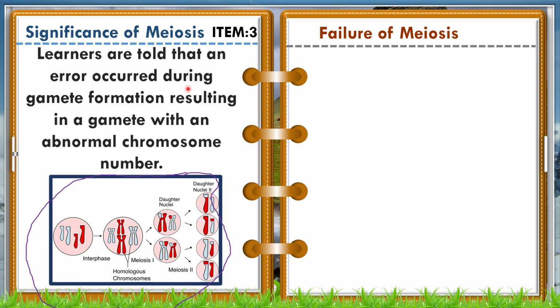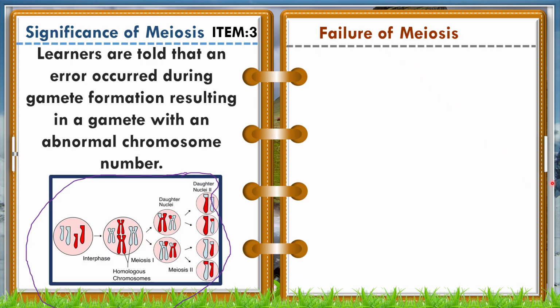But in the abnormality, you may find that some of the division may not take place. Here we may have no chromosome going here, and all the chromosomes go here. Or we may have less going here and more going here. That is what we are calling the abnormal chromosome number, which is going to exist in the chromosomes.